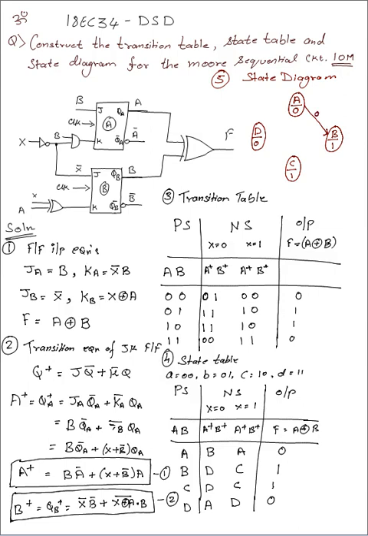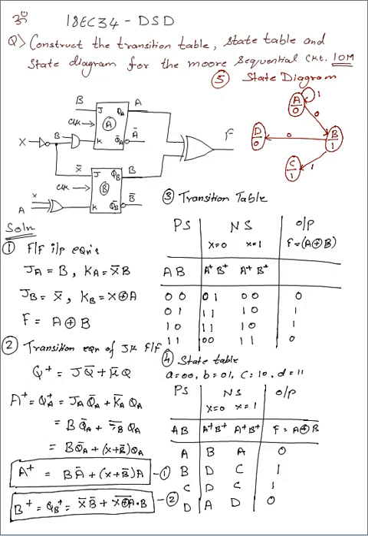If input is 1, stay in the same state. Similarly, when you are in state B and your input is 0, you go to state D. When you are in state B and your input is 1, go to state C.